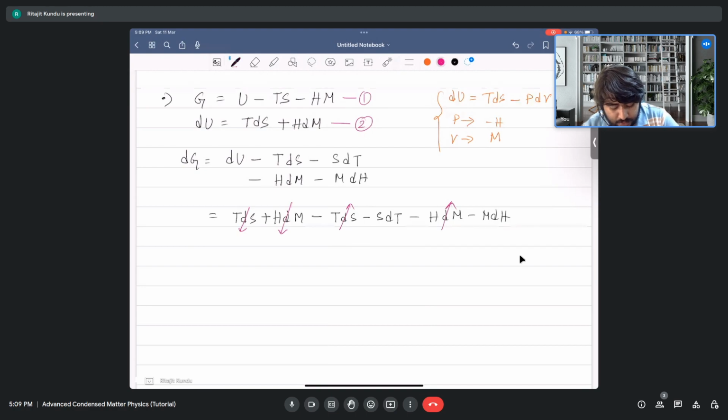So at last we are left with two terms, S times dT minus M dH. This is our differential of the Gibbs free energy.